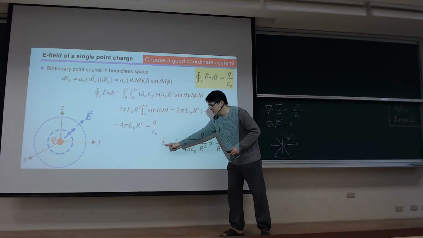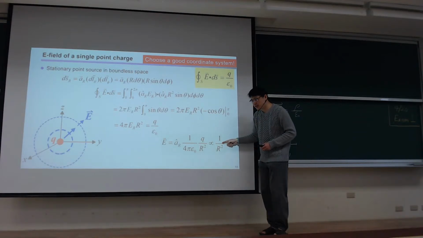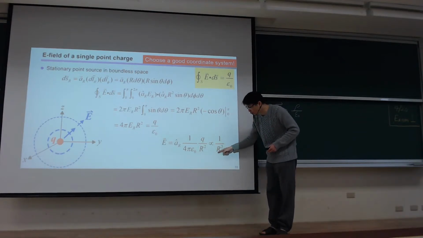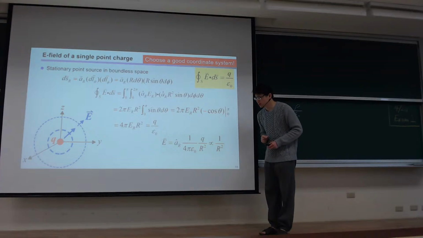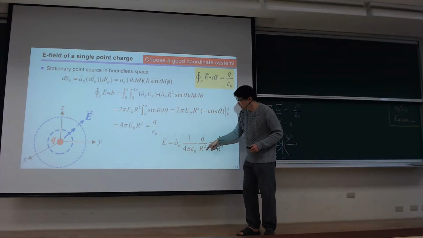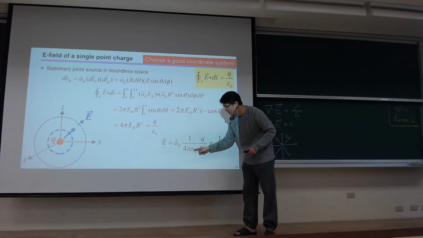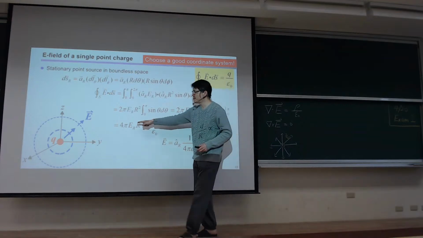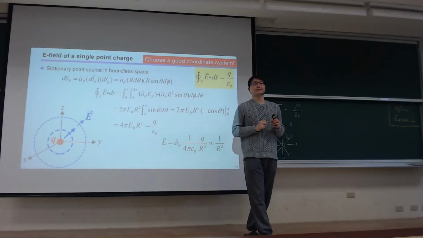The field strength created by a single charge is inversely proportional to the square of the distance. The exact quantity would be the charge divided by the square of the distance, and then divided by 4 pi epsilon 0. So this 4 pi r squared is coming from the surface area of the sphere.